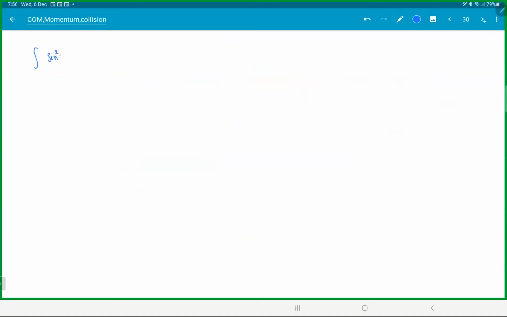So listen, sine square integration. Integral sine square theta d theta from 0 to pi. You write this as (1 minus cos 2 theta) by 2. This would be half of integral d theta minus integral cos 2 theta d theta.